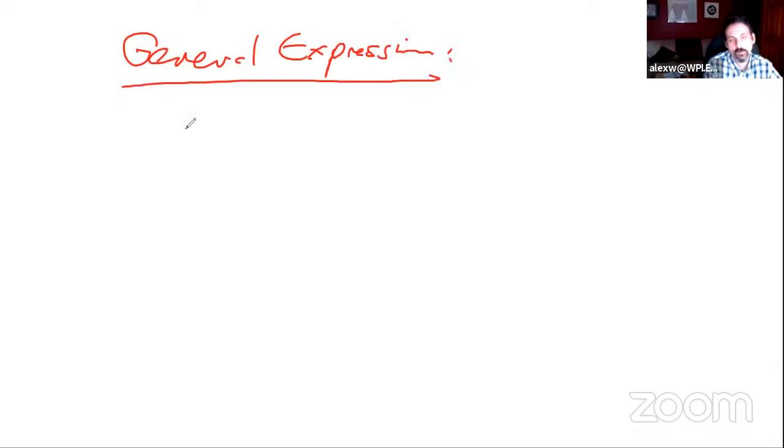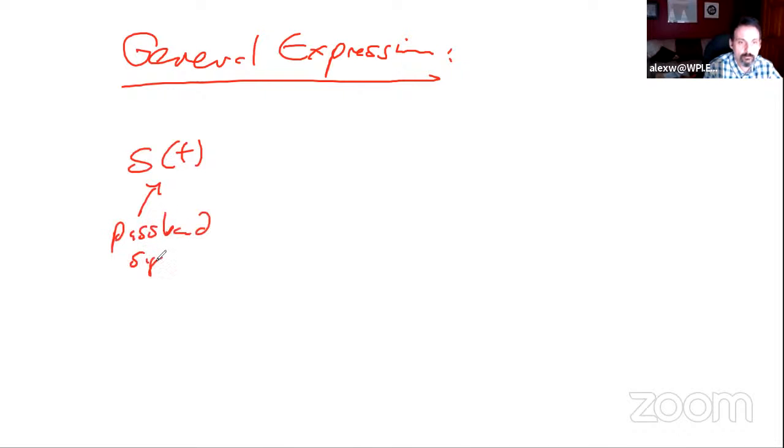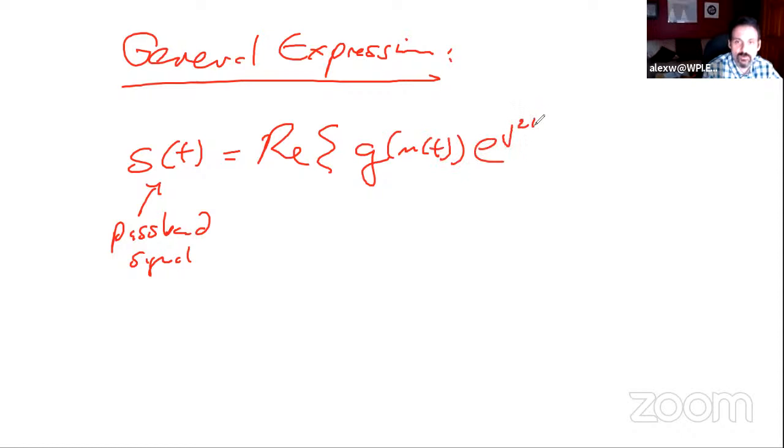All right. So what we've got is the general expression. S of t, that's our passband signal, is equal to the real part of g of m of t, e to the j 2 pi fc t.